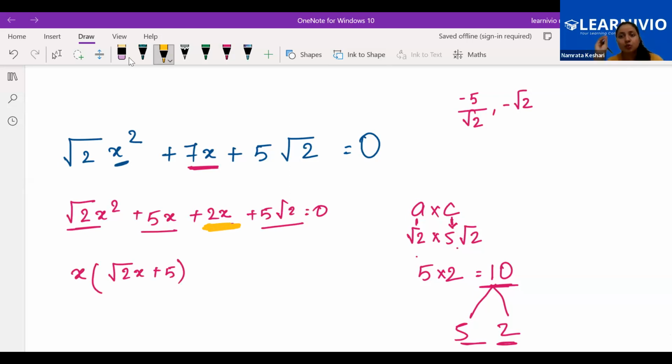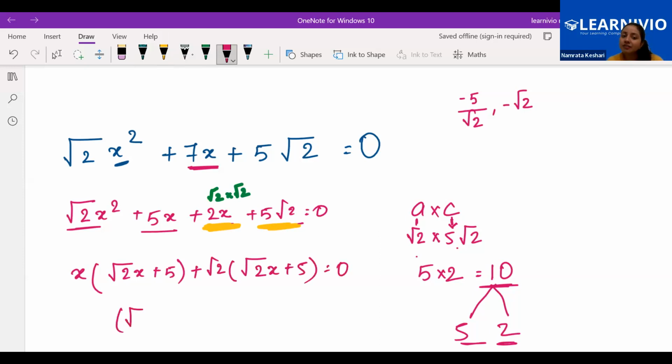So in our mind, 2 means root 2 into root 2. Accordingly, we are going to take out the common factor from these two yellow underlined parts. Root 2 is the common factor. What is remaining? Root 2x plus 5 is remaining, equals to 0.